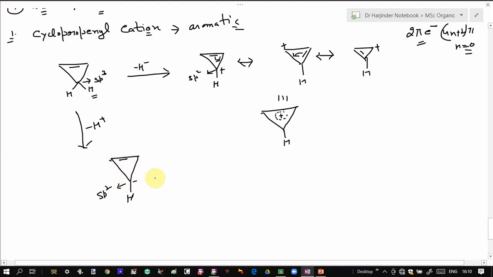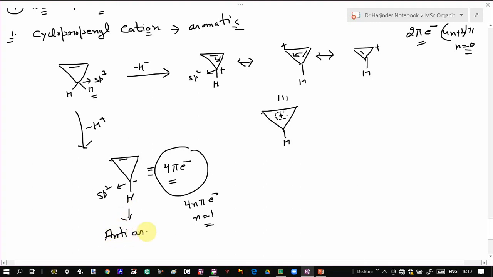It has a cyclic planar structure. However, in this case, it has 4 pi electrons. So 4 pi electrons means it satisfies the 4n pi electron rule for n equals 1. So in that case, according to the definition of Huckel's rule, as we have discussed, this anion is anti-aromatic. So this cyclopropenyl cation is aromatic, and its anion is anti-aromatic.